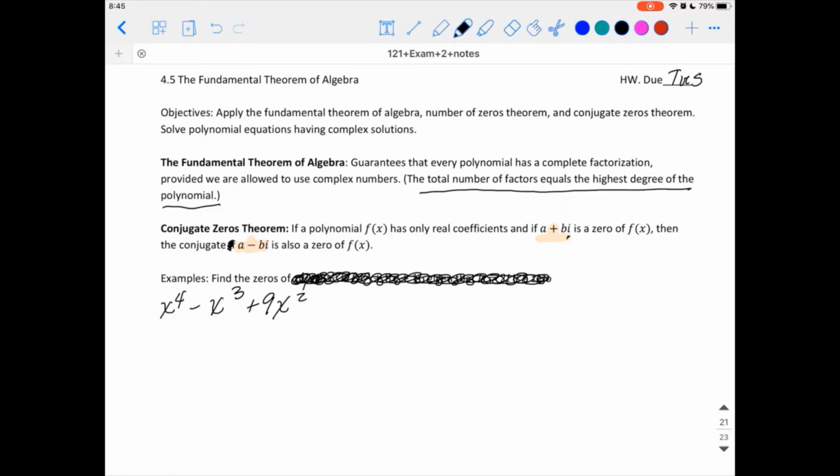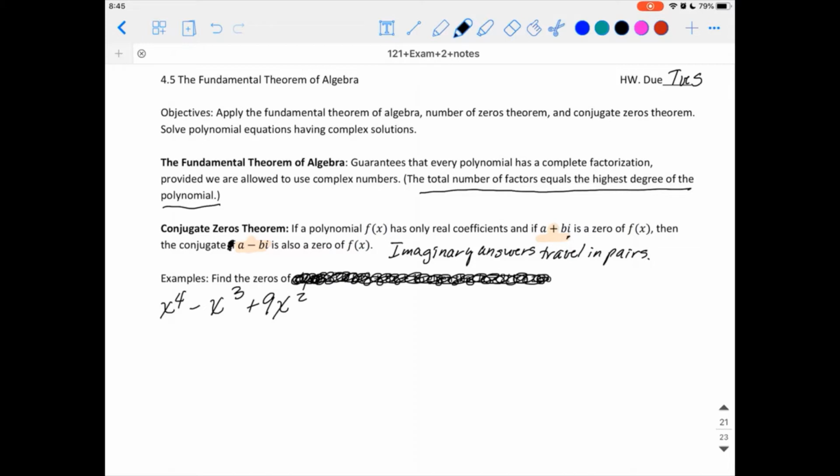So I'm going to write that down. Imaginary answers travel in pairs. Not one of them is going to be by itself. If I have a minus bi as an answer, if I have one imaginary, then the opposite is also an answer.